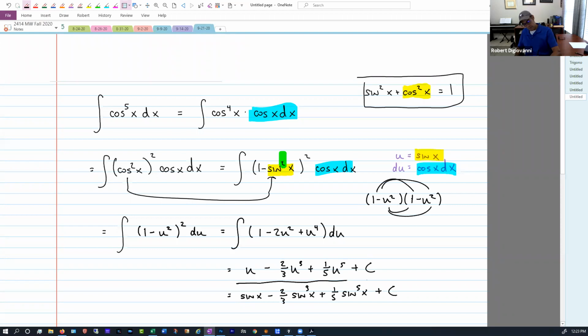There it is. The antiderivative of cosine to the 5th x is sine x minus 2/3 sine cubed x plus 1/5 sine to the 5th x plus c. If we take the derivative of that, we should get back the original integrand. I'm not doing it, but we should get it back.